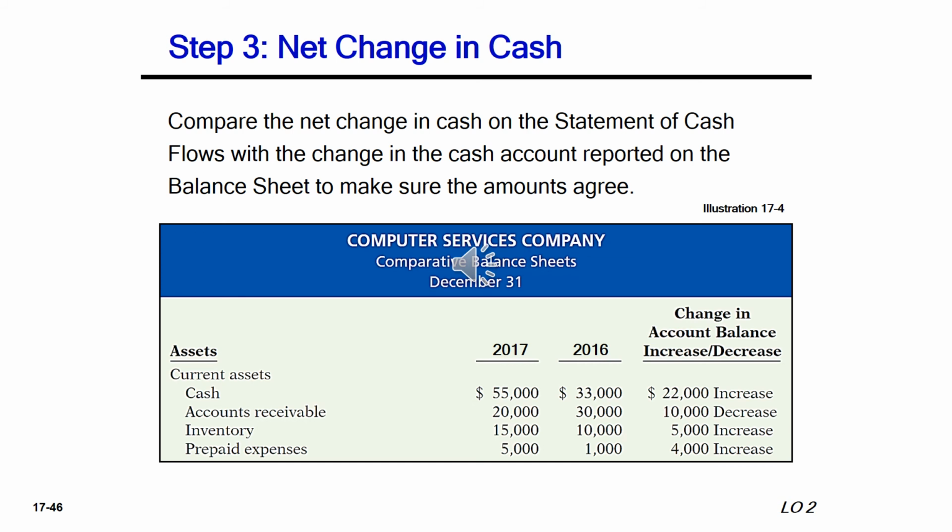Inventory was changed by 5,000 as an increase to the inventory, and finally the prepaid expenses have increased by 4,000. So just take those figures and double check them against your changes in the cash flow statement to make sure that these numbers match and there's no discrepancy between the two.